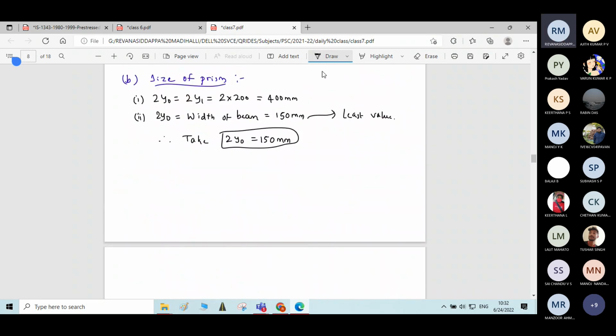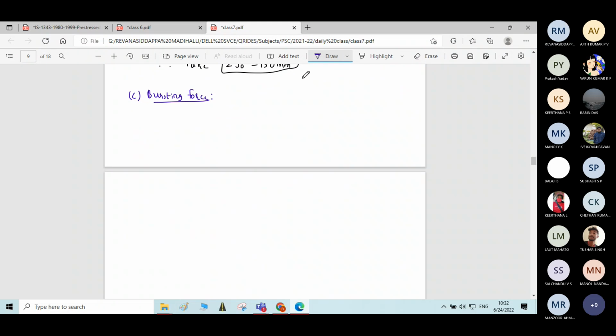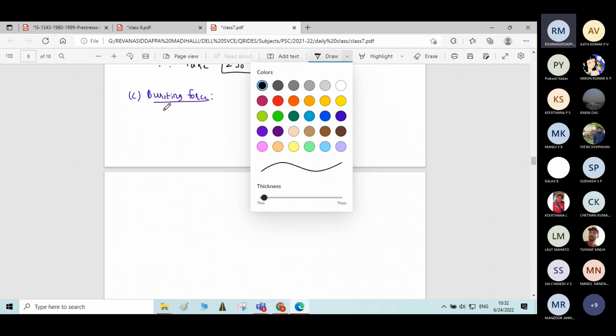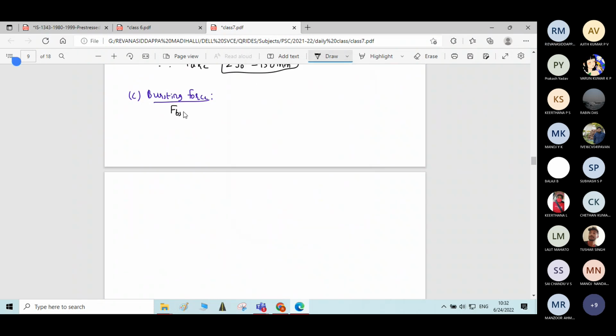Bursting force. We have the formula. FBST is equal to PK into 0.32 minus 0.3 YP naught divided by Y naught, which is there on page number 36.